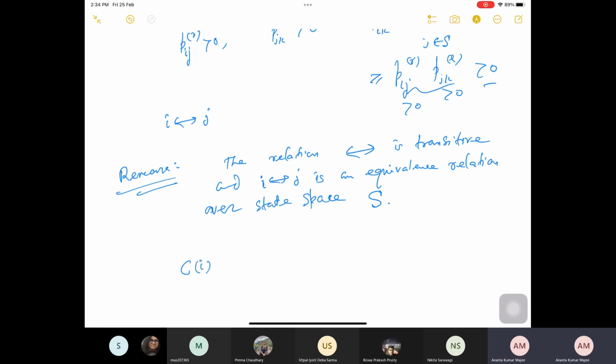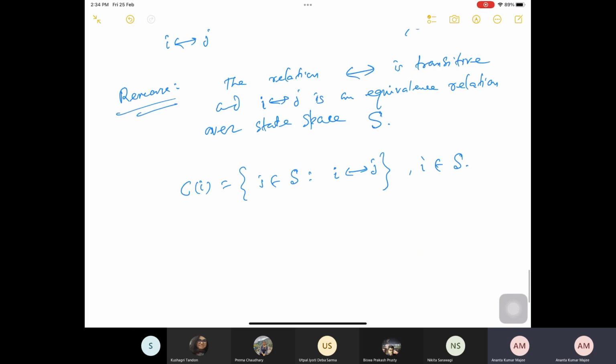If I denote by C(I) the class, it forms a partition of S. What is C(I)? It is the set of all J in S such that I and J communicate with each other. We put them in the same set, the equivalence class where I is in your set S. You can check, because of all these relations, that the classes form a partition of S.